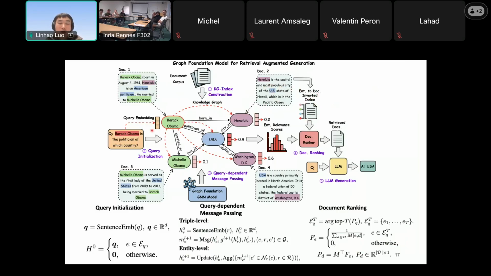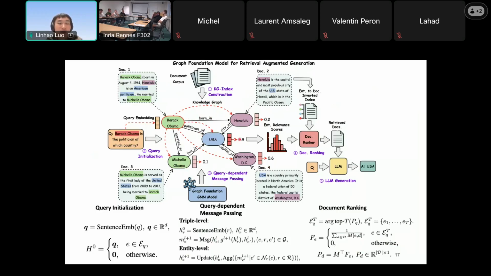Then for the graph foundation model, given a user's query, we first extract the mentioned question entity from the query. For example, "Barack Obama is a politician of which country?" Then we extract the question entity, Barack Obama. Then in the graph neural network, we conduct graph reasoning.